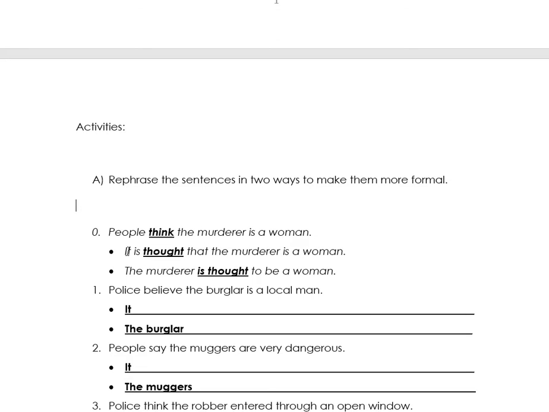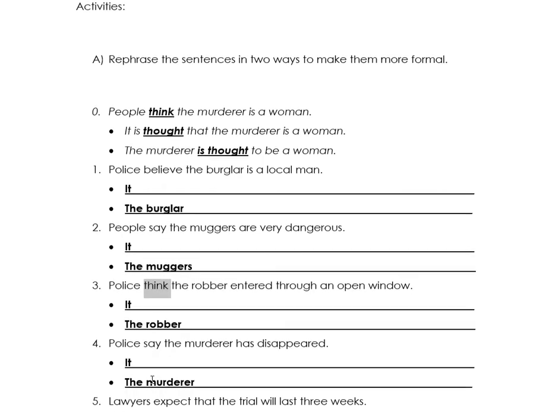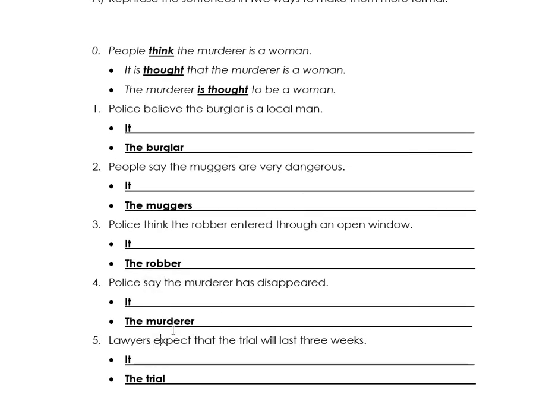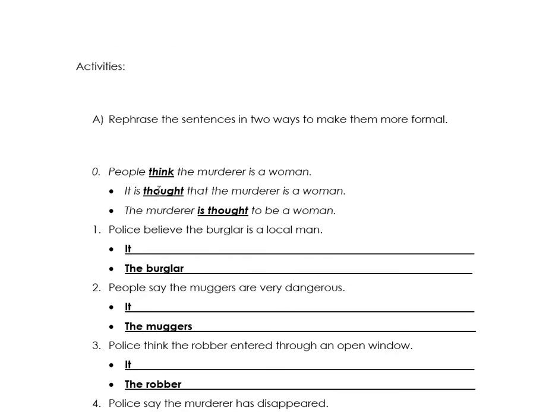Yo les doy esto, it. Bueno. It is thought, acuérdense que voy a utilizar el verbo que tengo acá, pero en pasado. Presten atención, believe, say, think, expect. It is thought that the clause, the murderer is a woman. Now, yo después les doy la segunda opción, the murderer is thought, acá utilizo is o are, depending on this.